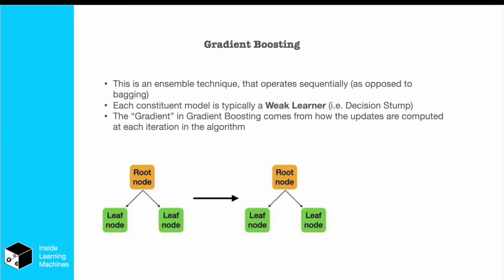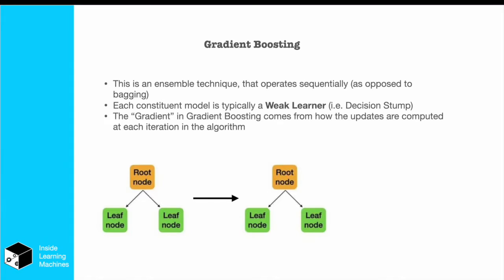And now the second model gets to focus in on the cases where the first model made mistakes. So now the second model has a bit of a leg up on things because it doesn't have to try and tackle the problem in its entirety. It's going to zero in on just those cases that the first model got wrong.